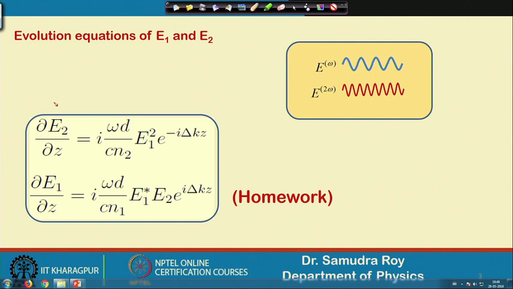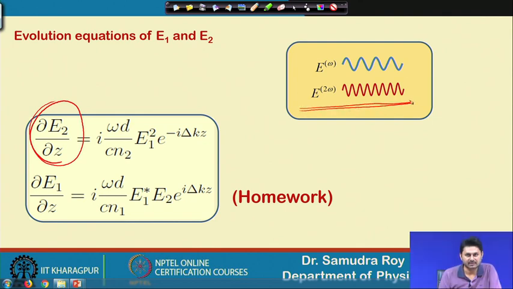So, this is the evolution of the second harmonic. E2 corresponds to the field containing the frequency 2 omega. For example, this is the wave that is inside the material. Now, on the right hand side we have a source term. The source term suggests that in order to excite the second harmonic you have some sort of source, and this source is nothing but the fundamental wave.